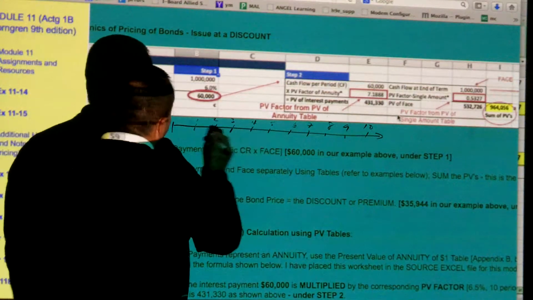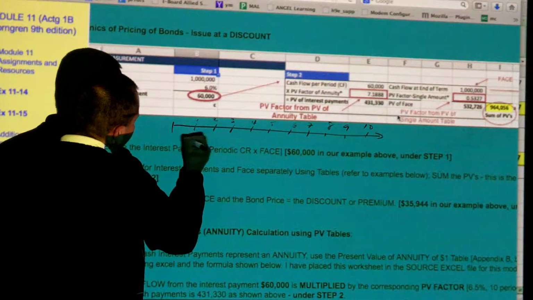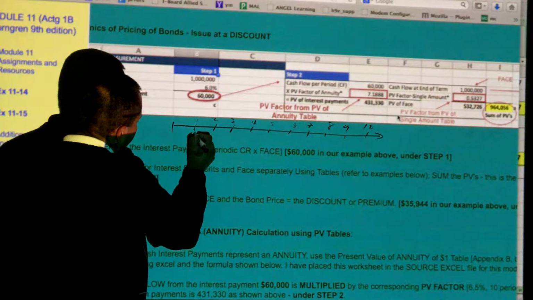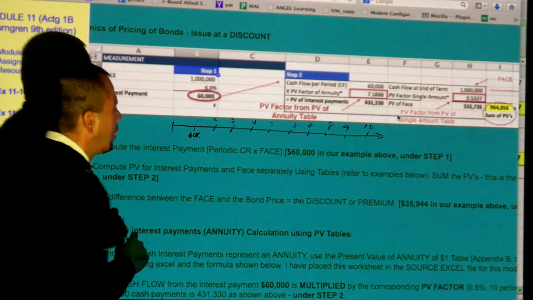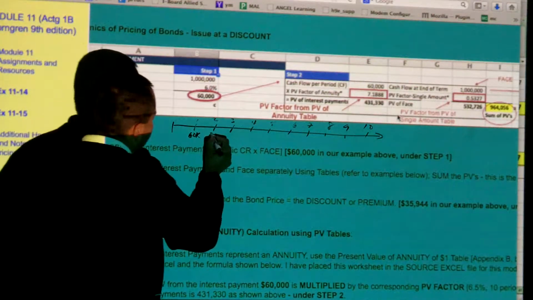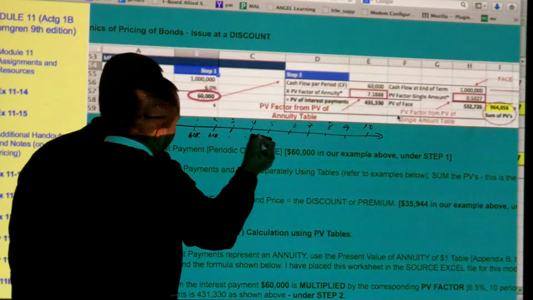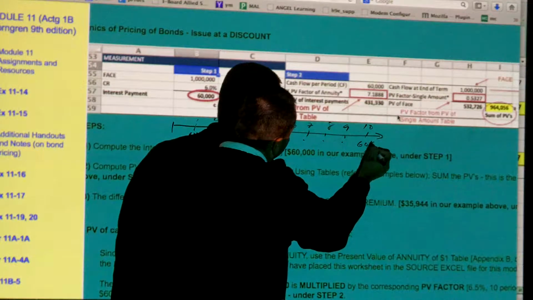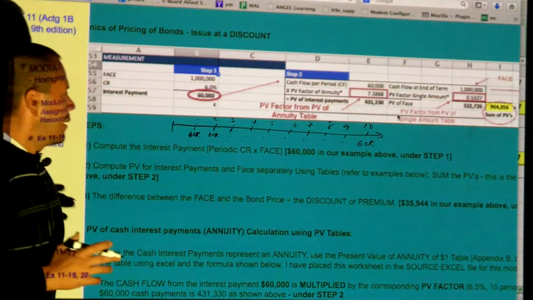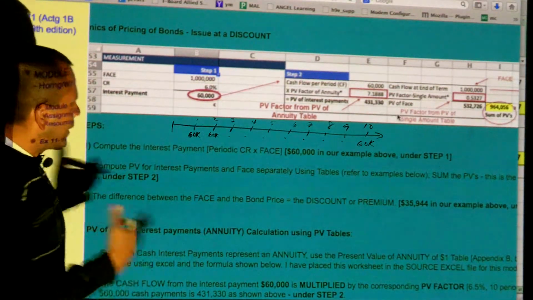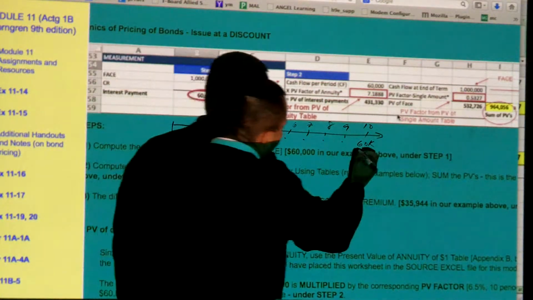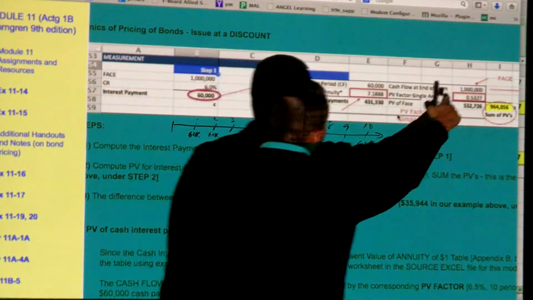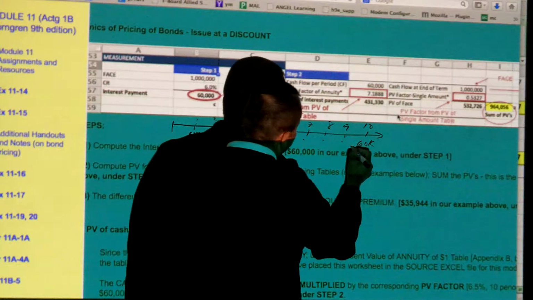So each period, these bonds provide the investor with $60,000 of interest payment. $60,000 here again, and so on. The very same thing, 10 times. The investor also, at the end of the life of the bond, receives the full face amount of those bonds, or $1 million.